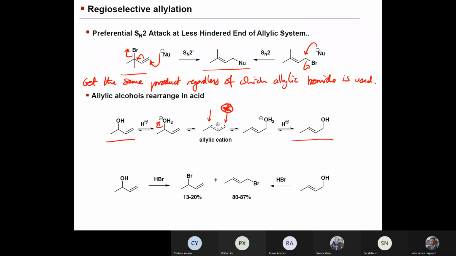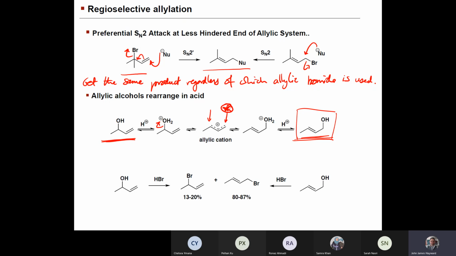Now, if you started with this alcohol on the right and treated that with acid, and if this was absolutely pure, you would end up with a small quantity of the alcohol on the left. The one on the right is the thermodynamic product, but the thermodynamic product means it's the most favorable.